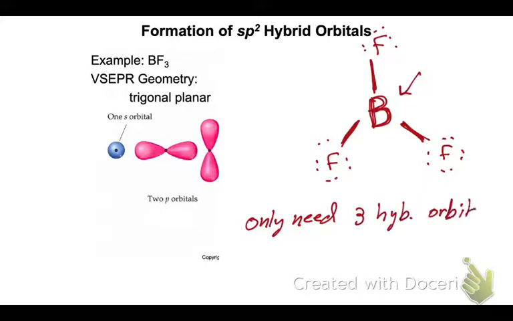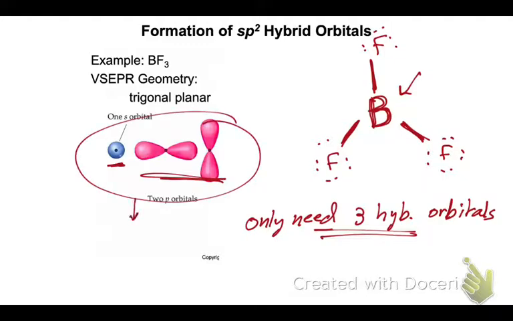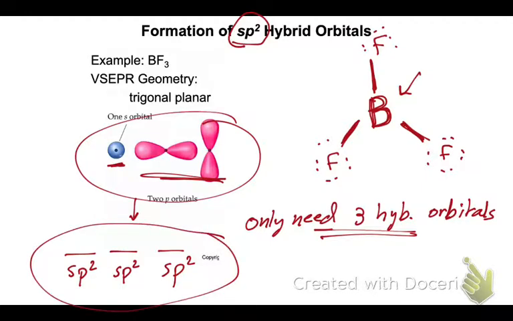And I only hybridize based on what I need, okay? So if I need 3 hybridized orbitals, all I have to do is to mix 1 s with 2 p's, because if I mix this, I'm going to get 3 equivalent orbitals, each one of them called sp2. So this is really what causes me to use an sp2 hybridization. It means I only need 3 hybridized orbitals.